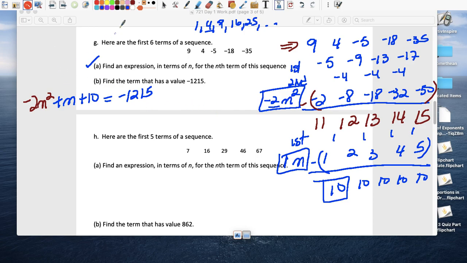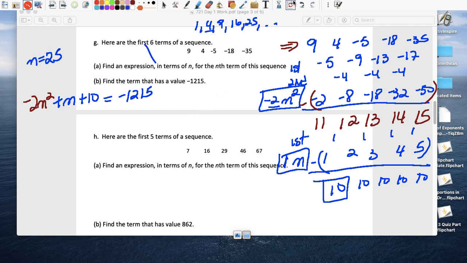Let's say n is, right, when would this give you negative 1,000? 25 squared is 625. Let's try 25 when n is 25, and then we'll adjust.